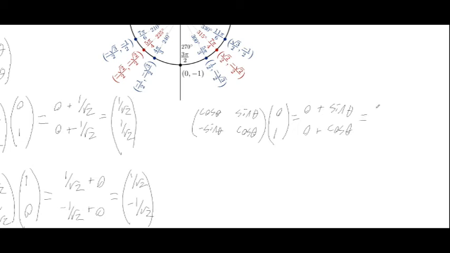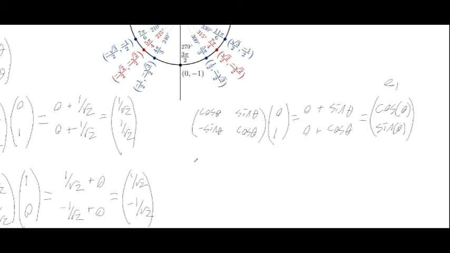And so we end up with the general column vector here for our E1 transformations.